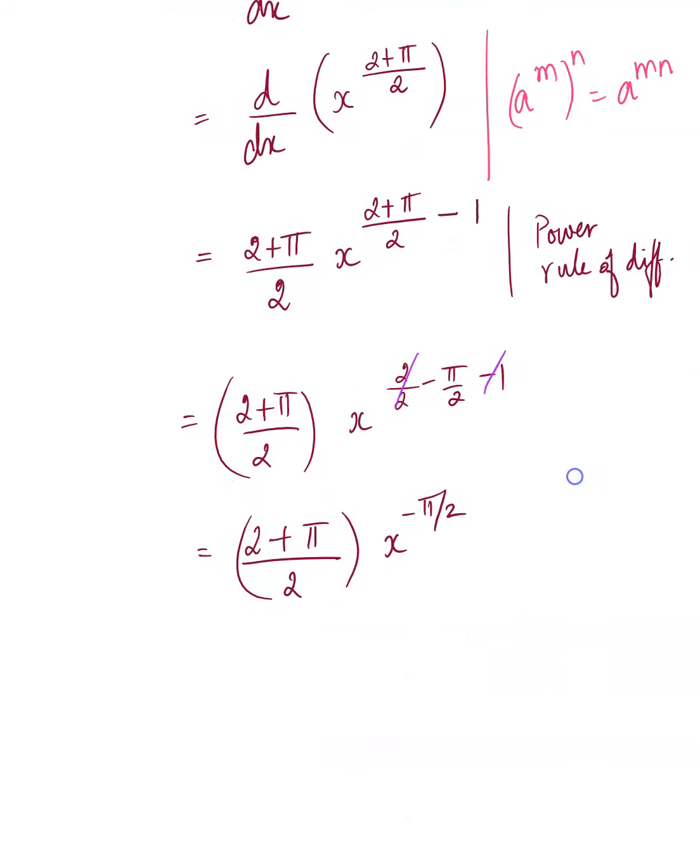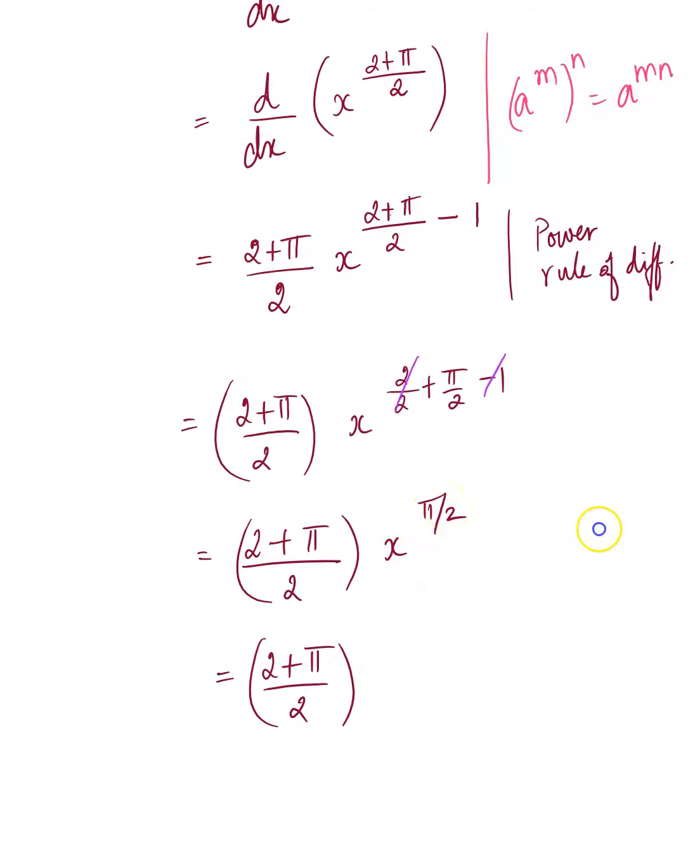I'm so sorry, there was a plus there, so it must be a plus everywhere. Okay, so that is x power pi over 2. So we have 2 plus pi over 2 x power pi over 2.